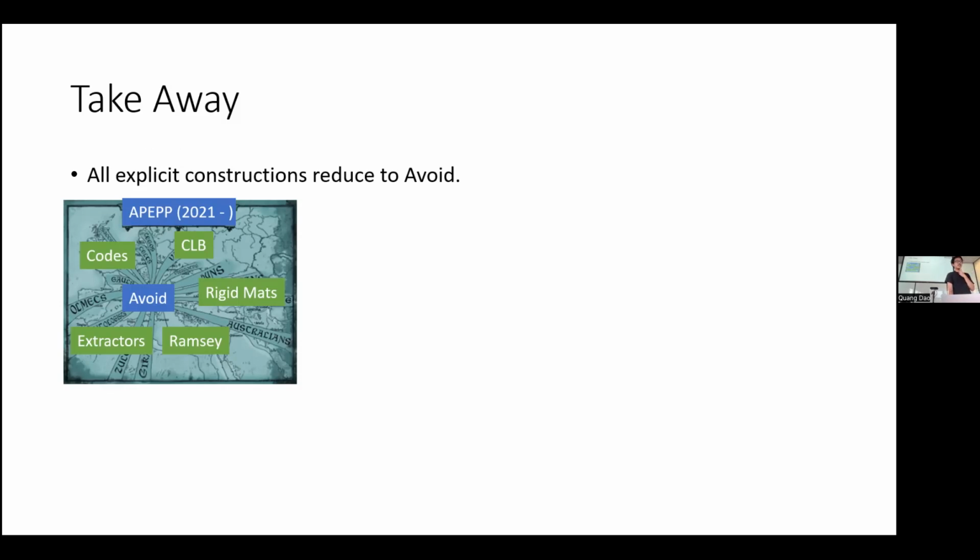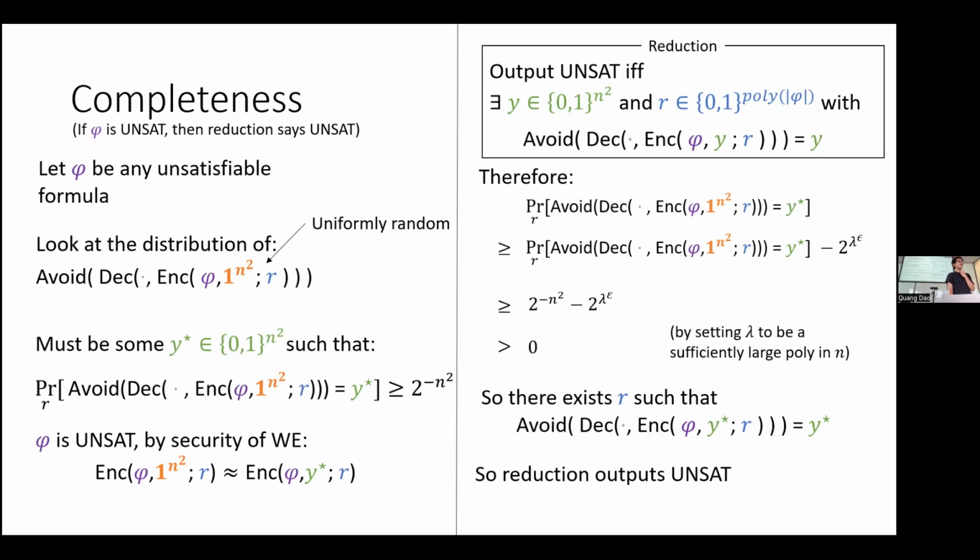Have you finished the entire reduction algorithm? Yeah. How do you deal with this non-deterministic choosing of y and r? Because you are a non-deterministic algorithm, right? What we are proving is that unsatisfiability can be solved by a non-deterministic algorithm, so we have the non-deterministic power.